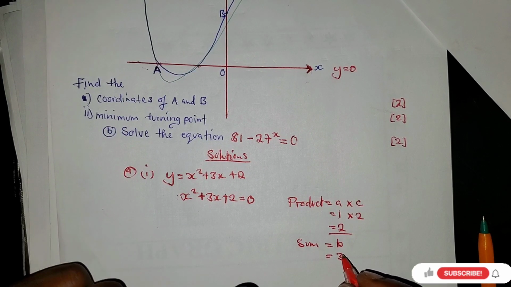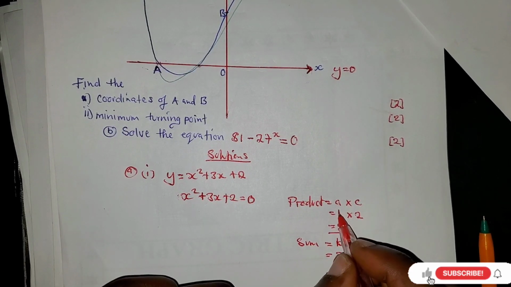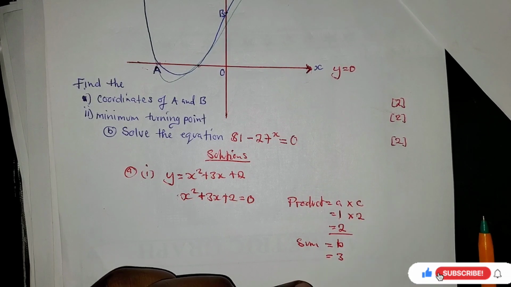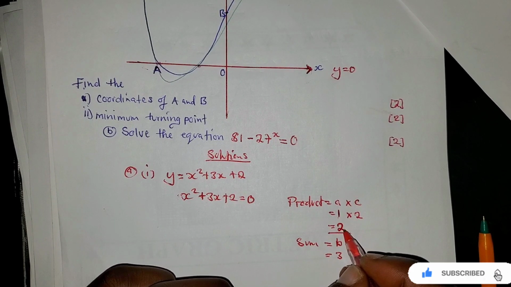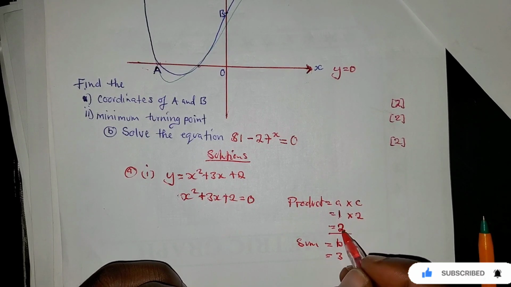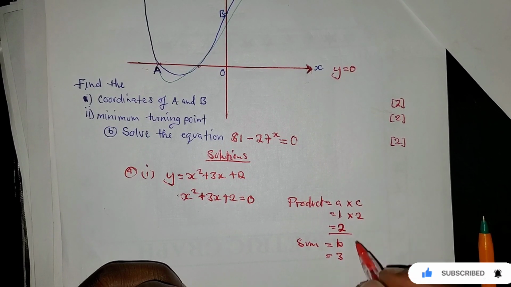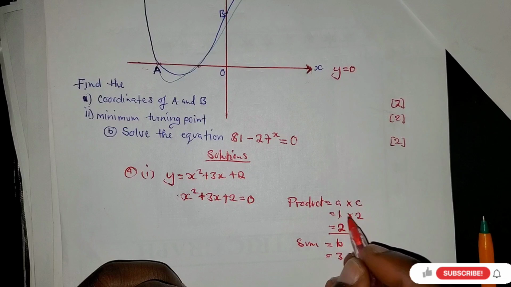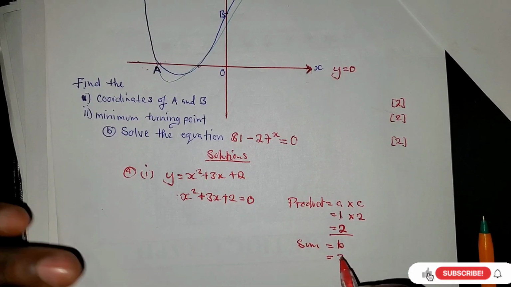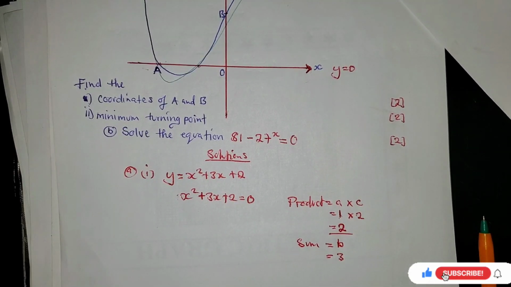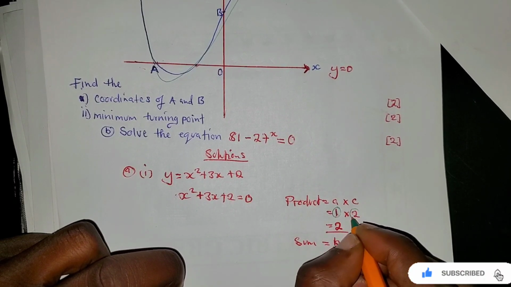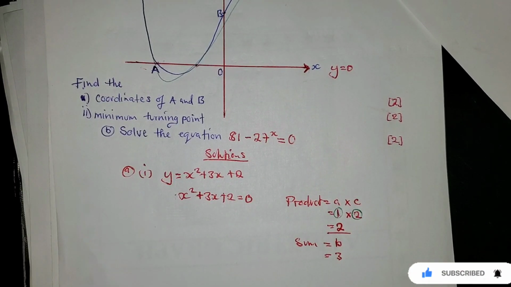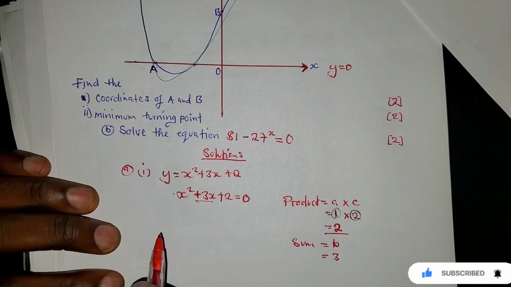Look for two factors of 2 such that when you multiply them they give you positive 2, and when you add them they give you positive 3. It is 1 and 2. Now use the same factors you found to split b, so that we factorize by grouping.